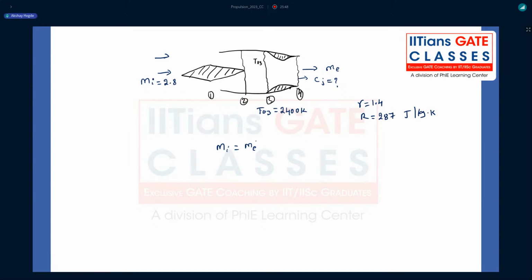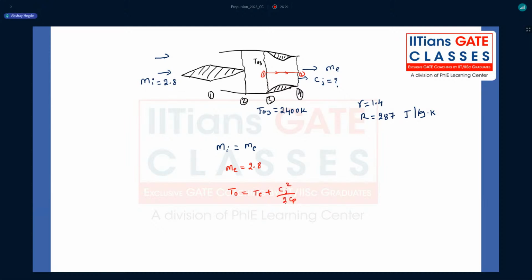Okay, so now if it is given like that, we can easily calculate the exit plane condition because we know the exit Mach number is the same as the inlet Mach number. So I know what the exit Mach number is, that is nothing but 2.8. If I use that condition and consider any streamline which is passing in the nozzle, and apply the energy equation between the entry and the exit plane, that means T0 equals Te plus Cj square divided by 2Cp.